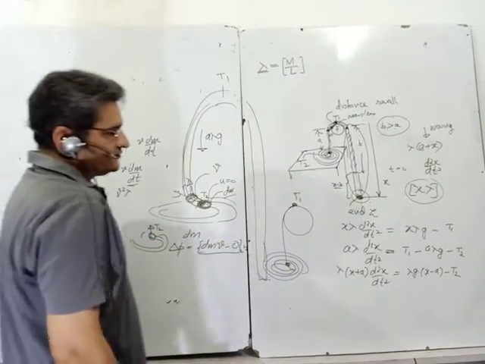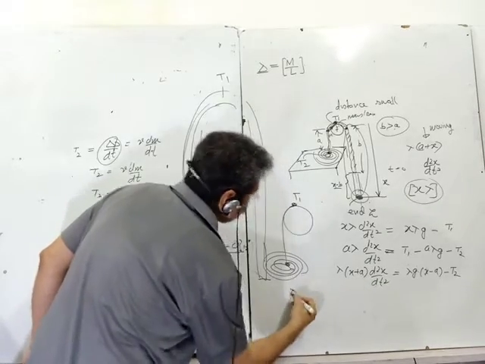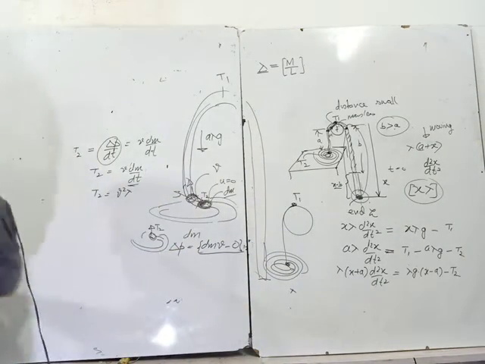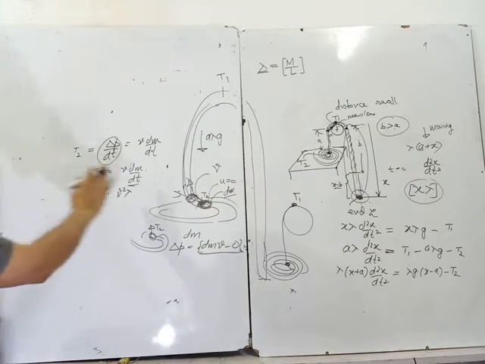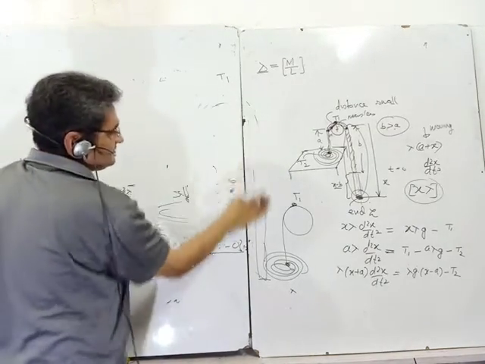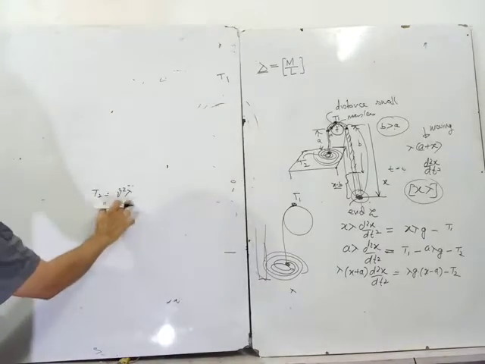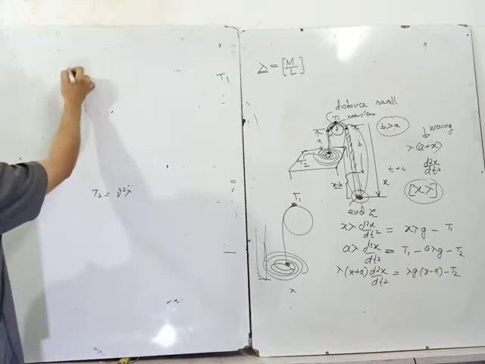Now I put the value of T2 there, and I will rub these things so I retain only the relevant part because I need space. So value of T2 is this much. Let me write the equation here now.